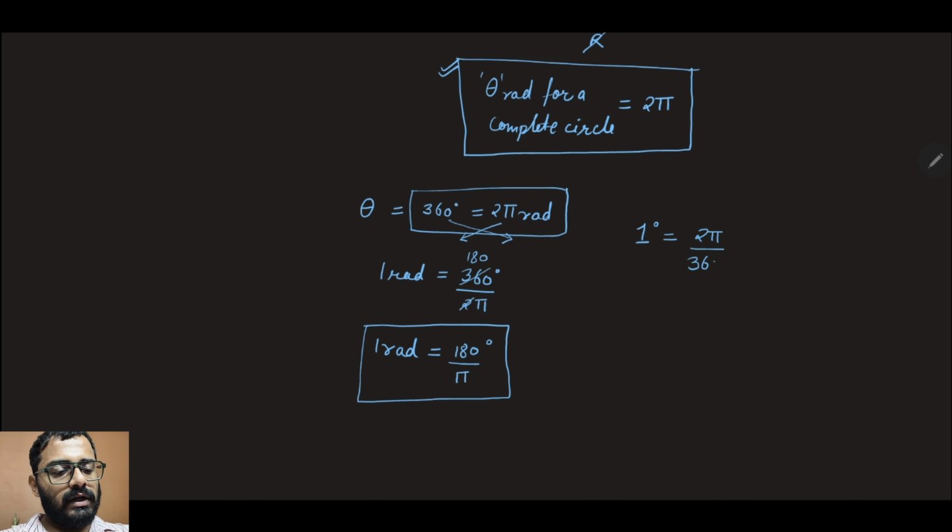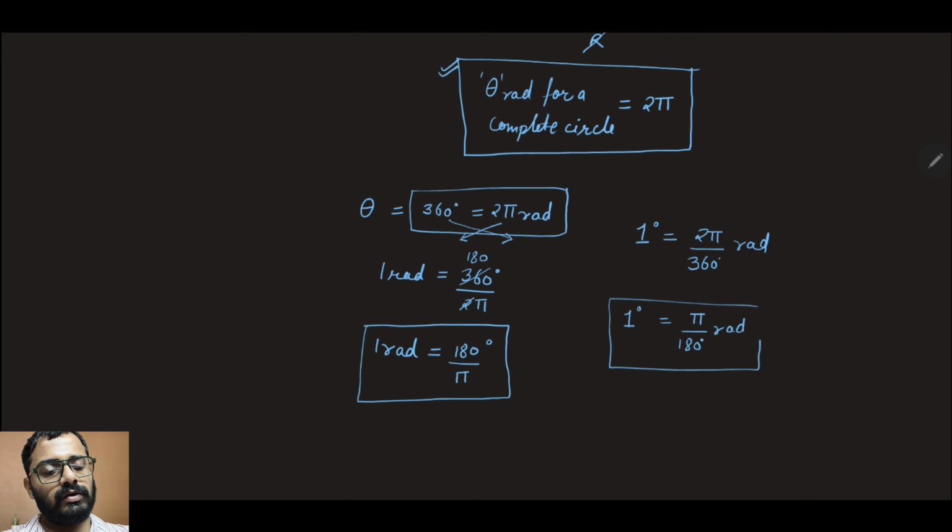This is in radian now. So how much will this become? In 1 degree, pi by 180 radians will be there. Now it's your choice which one you want to remember, this relation or that one.